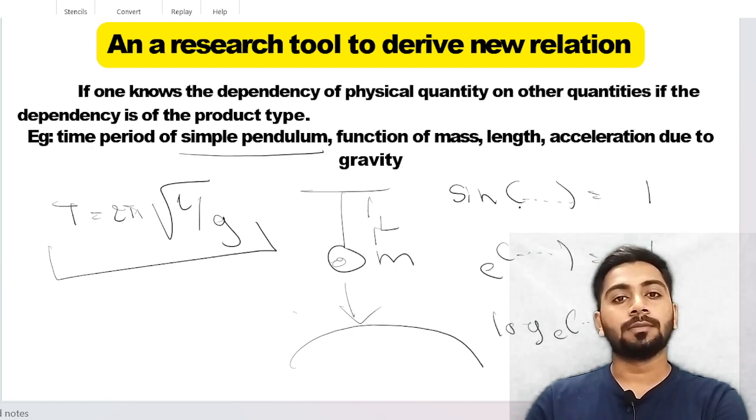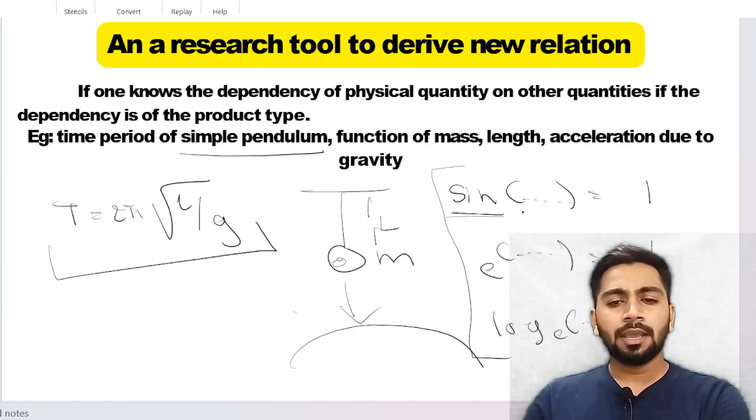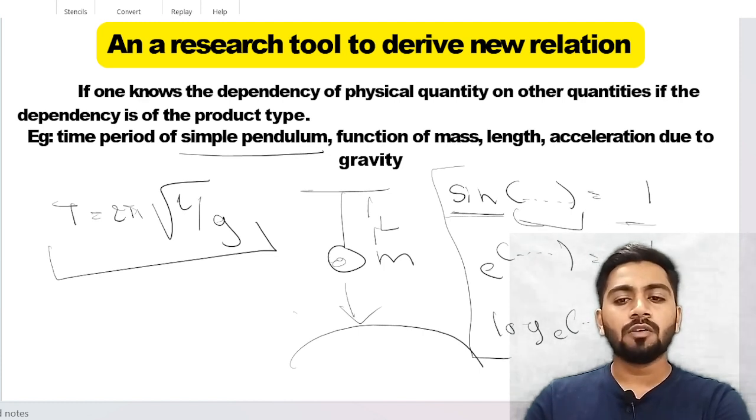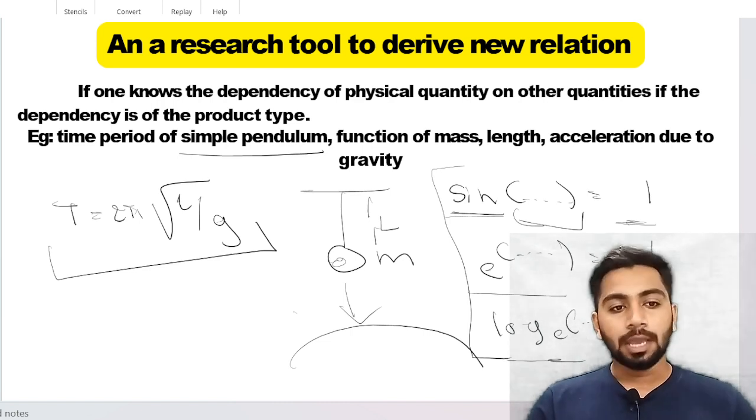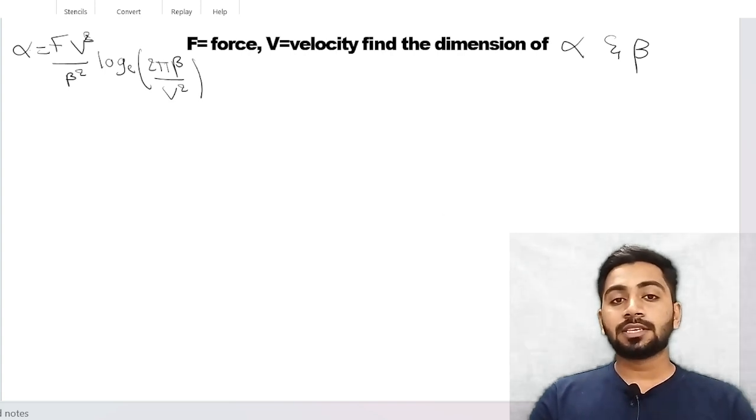Remember this important condition: for sine, cos, tan, cot, any trigonometric function in a bracket, it is always 1, and exponential is always 1, and logarithm is always 1. Important thing.